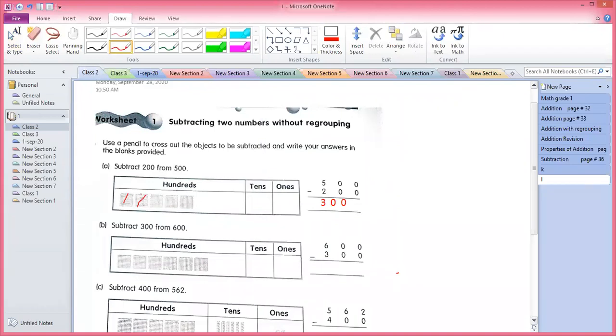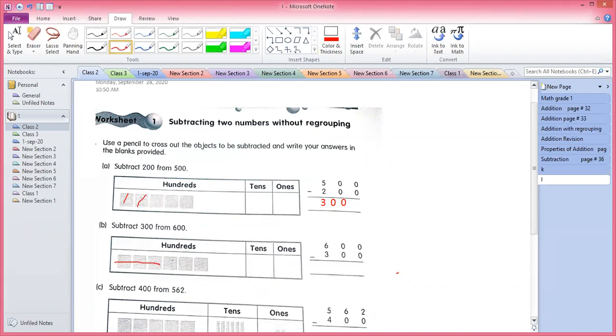If you don't know, you can draw the lines. But here I have pictures of 100. These are 6. 1, 2, 3, 4, 5, 6. I need to minus 3, so I will cut 3. 1, 2, and 3. Now check, how many are left?